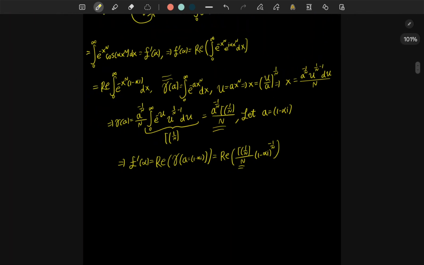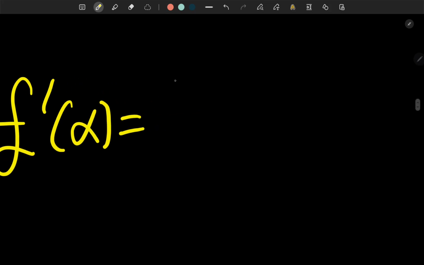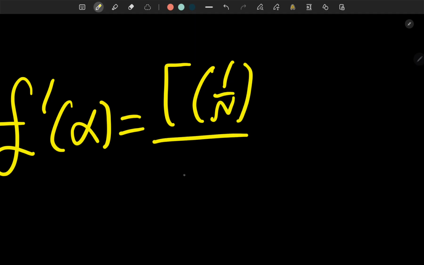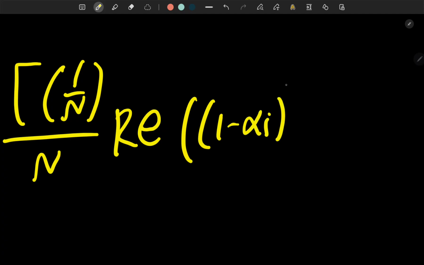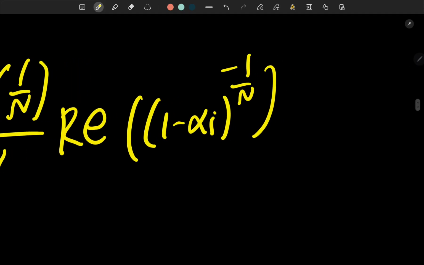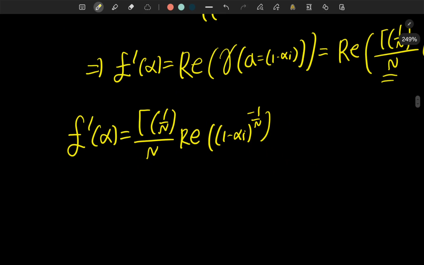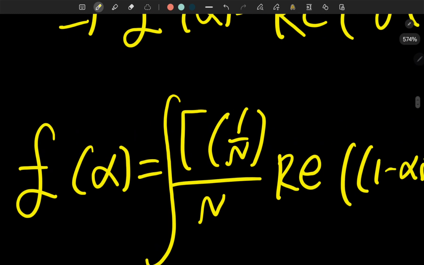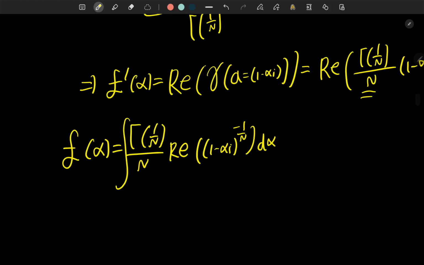So f prime of alpha is equal to gamma of 1 over n times the real part of 1 minus alpha times I to the negative 1 over n. And right now, we can recover f of alpha. If we integrate both sides with respect to alpha, we get back f of alpha. I hope you can see where this is coming from.